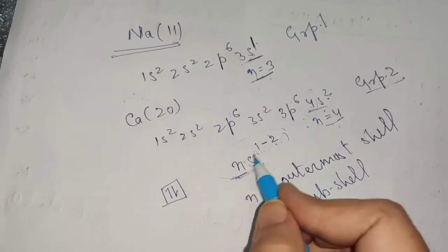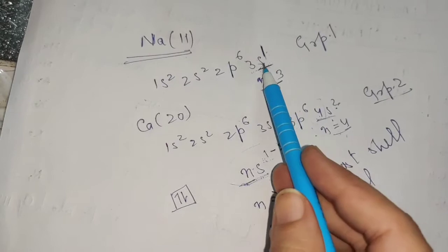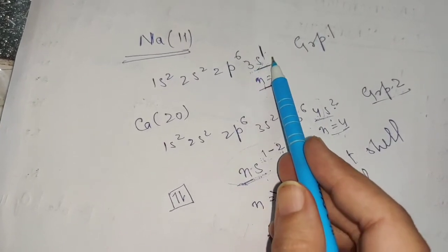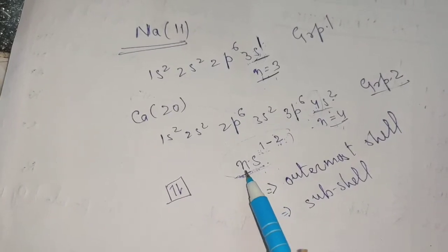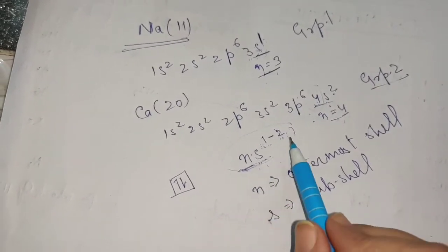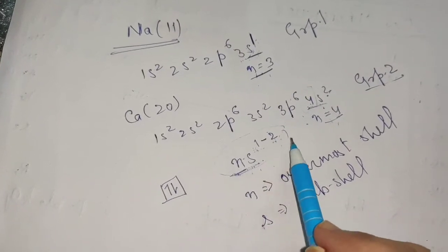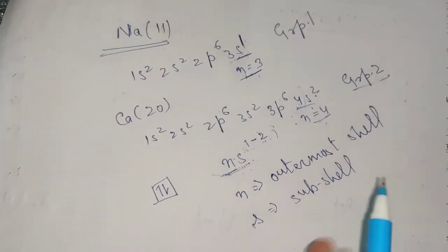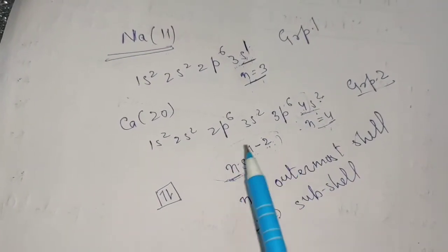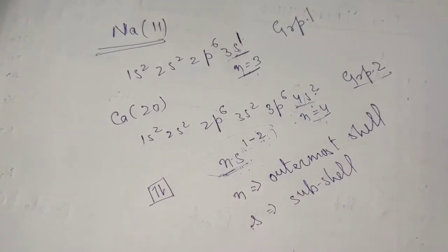For group 1 elements, the outermost electronic configuration will be ns1, and for group 2 elements it will be ns2. So for the S block we say ns1-2. I hope this is clear to you children. This question, to write the general electronic configuration, is frequently asked in your exam, so pay attention to it.